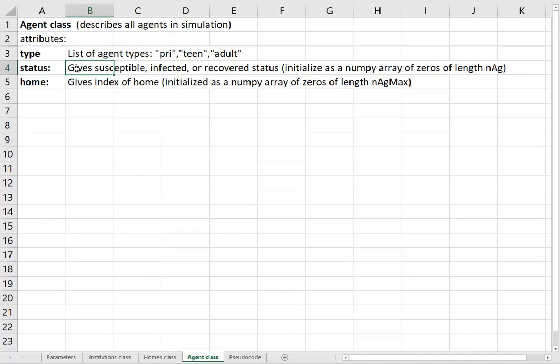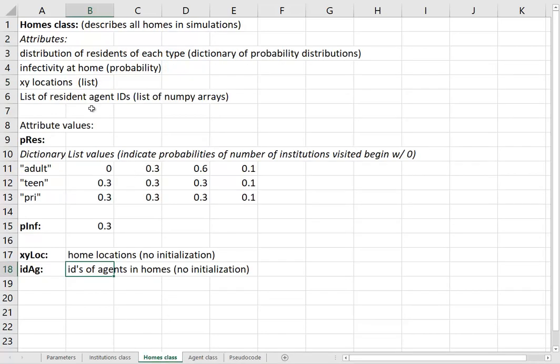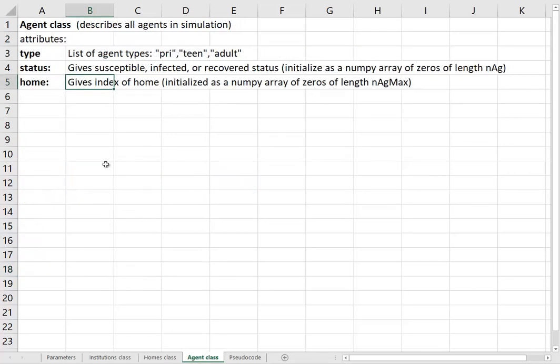We can give a much more realistic model of the duration of infection. And then home, here we give the index of the home, because we also want to key the agent to which home they're in. So notice that we have the index of the agent in the home class, and we have the index of the home in the agent class. So we can go back and forth between the two.